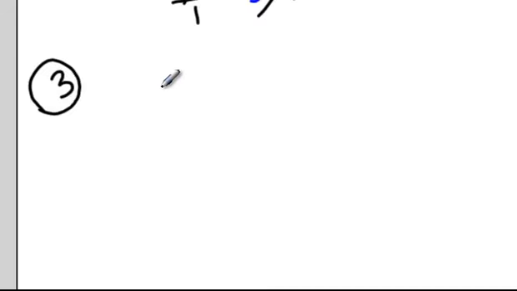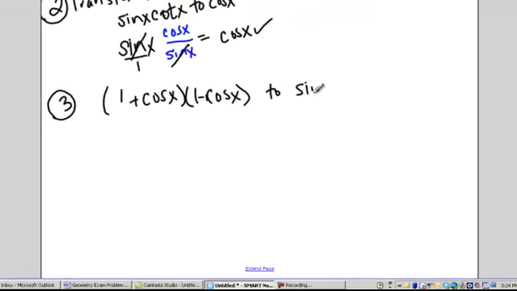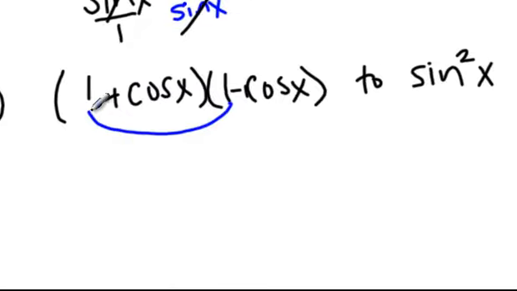Okay, another problem. 1 plus cosine of x times 1 minus cosine of x. I want you to transform that to sine squared of x. Okay, whenever you see parentheses, you're probably going to factor.